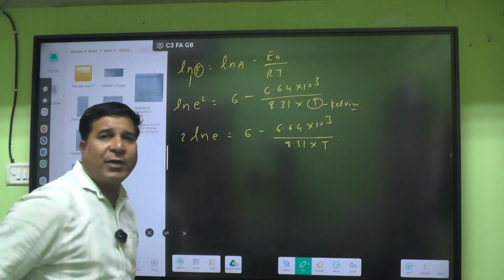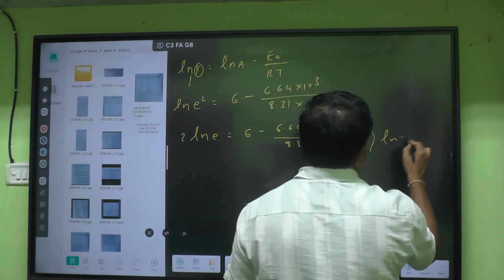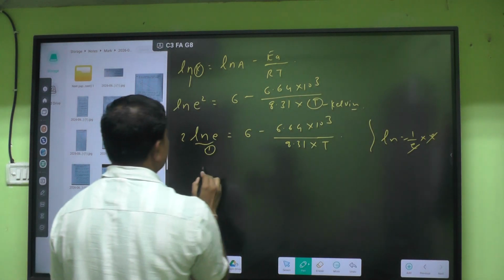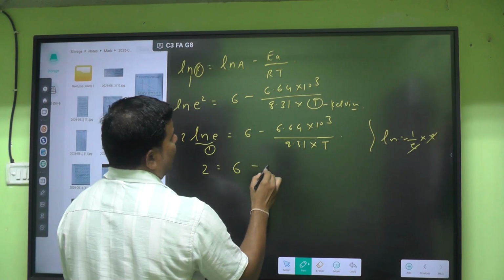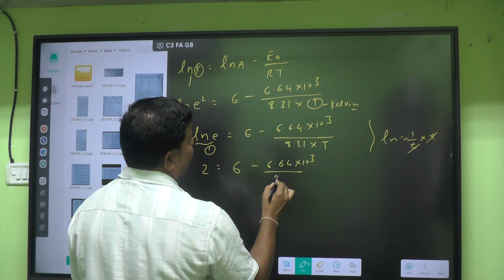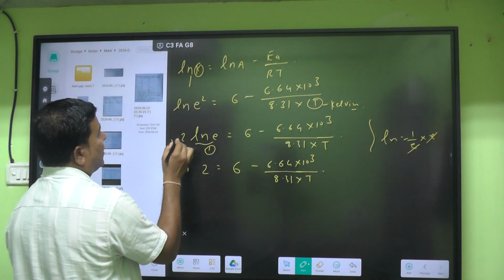Understood everyone? Now ln e means 1, so the ln and e cancel out here, and it becomes 1. So now 2 equals 6 minus 6.64 into 10 to the power 3 over 8.31 into T. Now we can solve.